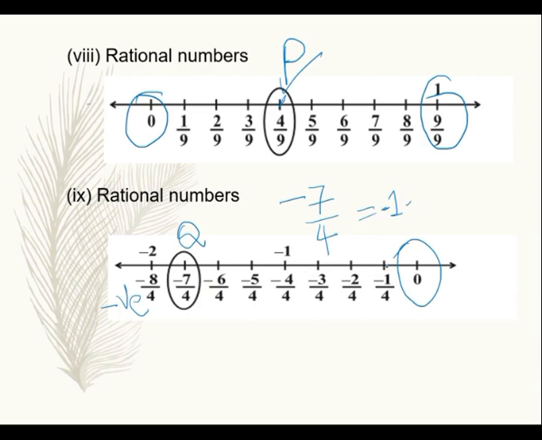Each unit is divided into 4 parts, that means each part is 0.25. That means it is less than minus 1, so it is after minus 1, between minus 1 and minus 2.